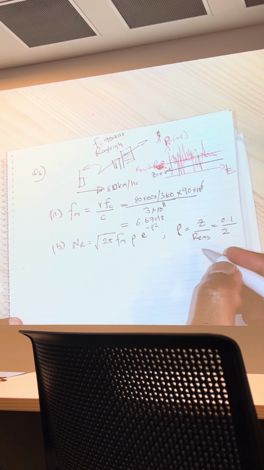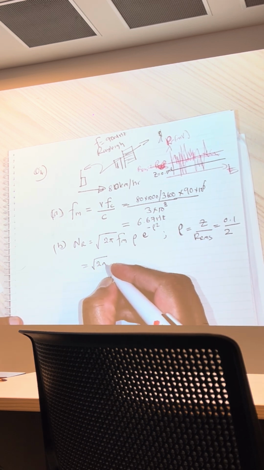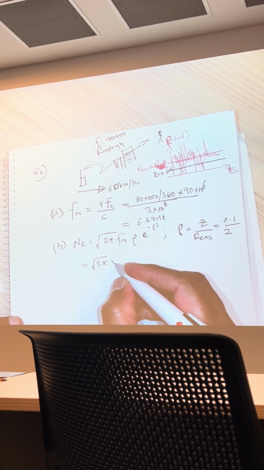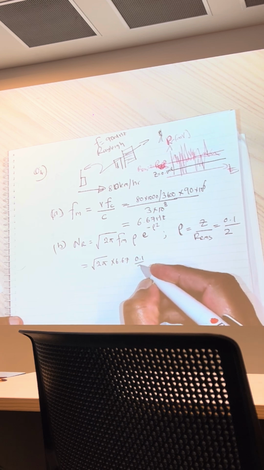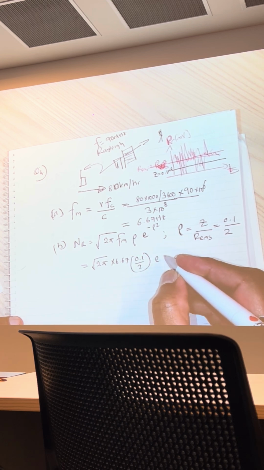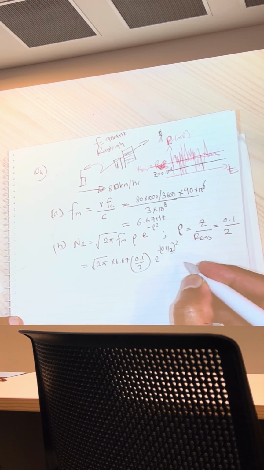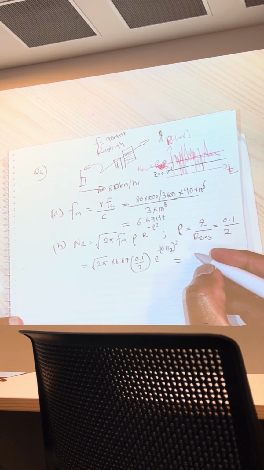And then when you substitute, for square root of 2 pi, Fm is 6.67, rho is 0.1 on 2, exponential minus 0.1 on 2 whole thing squared. That should give us a value of 0.83.